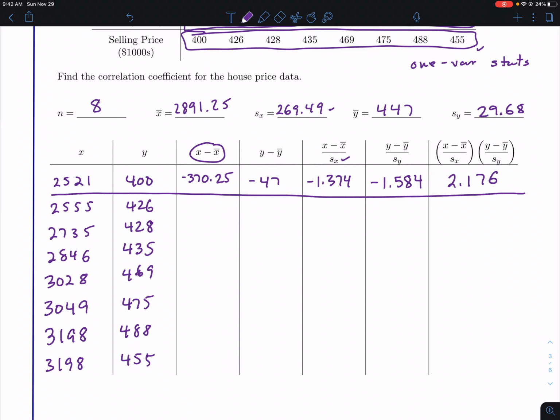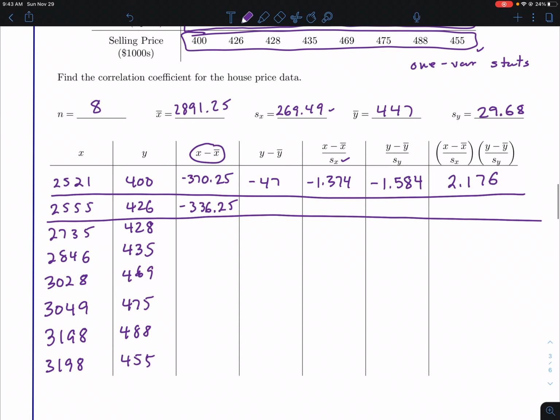Now do the same thing again for 2555 and 426. We do 2555 minus 2891.25, so we get negative 336.25, and 426 minus 447 is negative 21. Now divide each of these by their standard deviation.